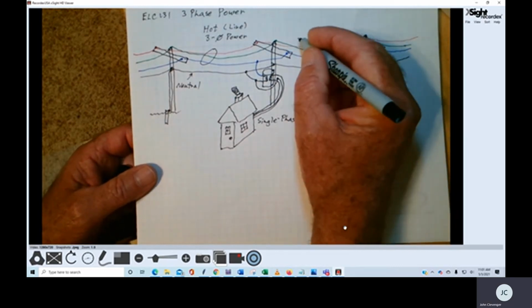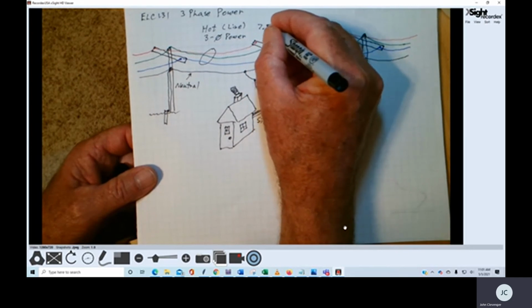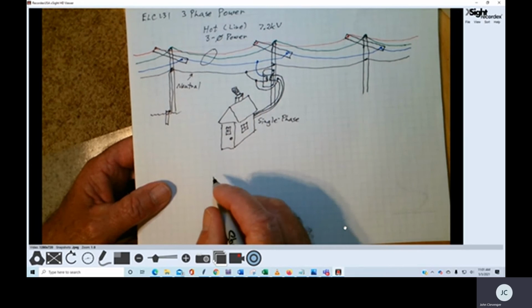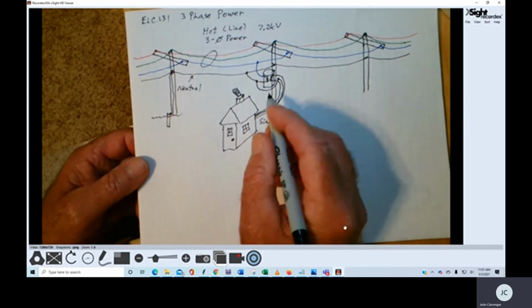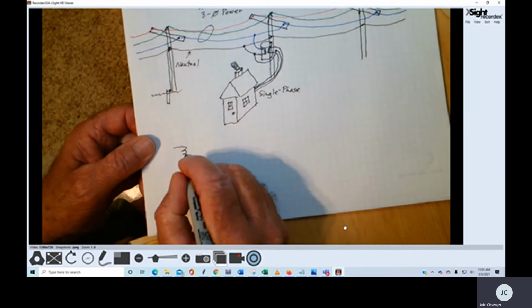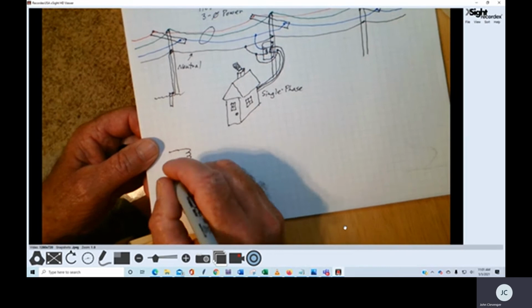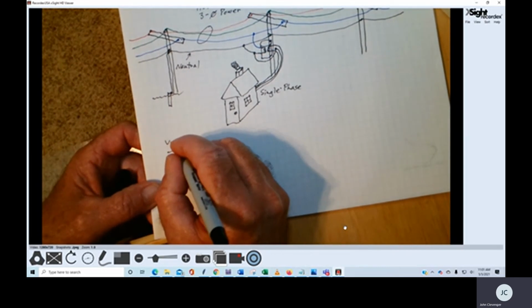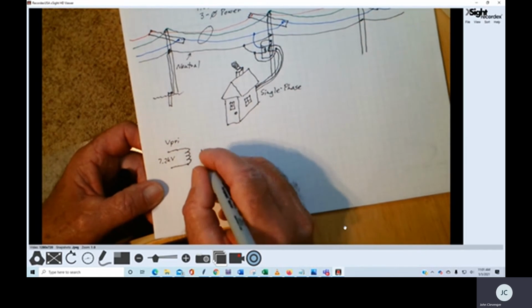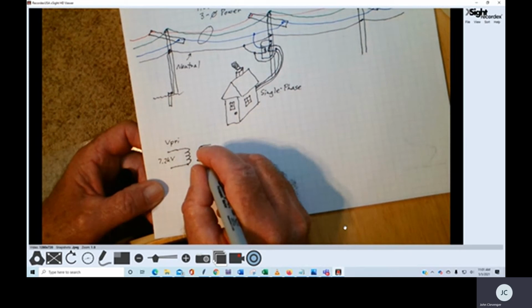Now, the voltages on these lines, the hot lines, could be, for example, 7.2 kV. And of course, coming into our home, so what we see inside this transformer is, let's go right here. Okay, so our primary voltage is our 7.2 kV, and our secondary voltage, oh, I drew too many humps there.